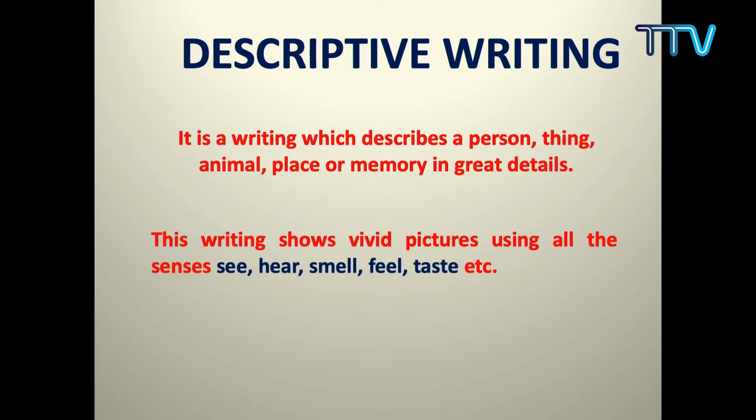Now these are the sensory organs, and we are going to use these sense organs so that we could try to paint a picture of that particular thing that you are describing, a person or a thing or animal, anything, in the mind of the reader. So basically in this descriptive writing, we are just painting the picture in the minds of the reader. You got it?